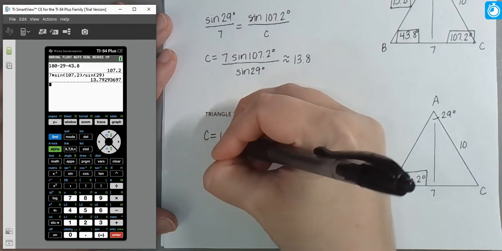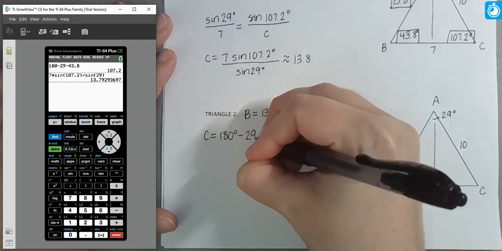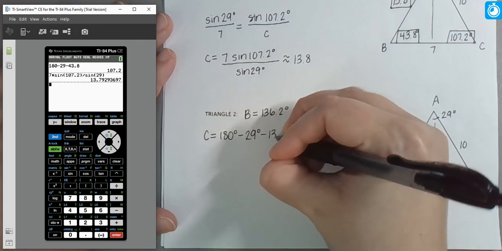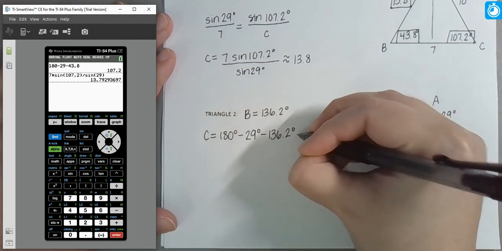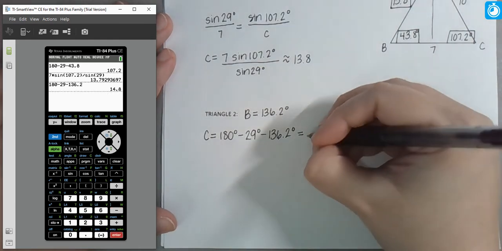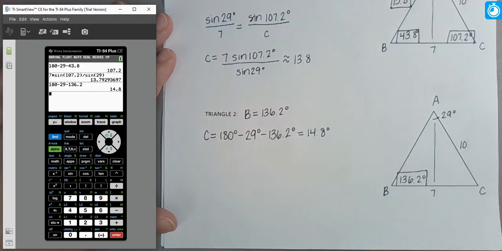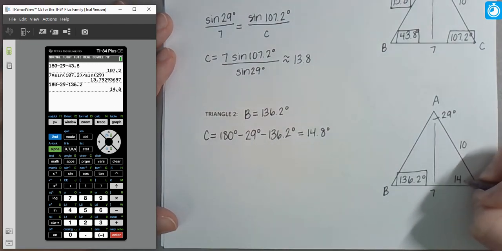So C is equal to 180 degrees minus the 29 degrees we were given, minus 136.2 degrees, our value for B. So 180 minus 29 minus 136.2, and that's going to give me 14.8 degrees. So that's our value for C.